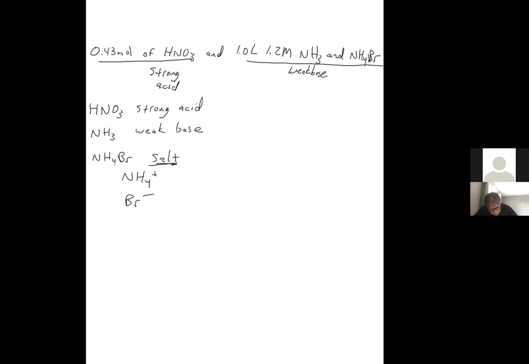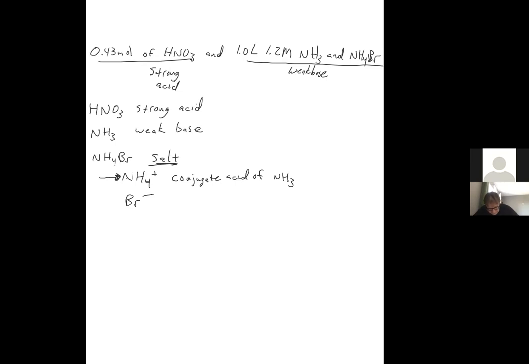So NH4 plus, this is not going to be some crazy material that just comes out of nowhere. NH4 plus is almost the same as NH3. It's the conjugate acid of NH3.